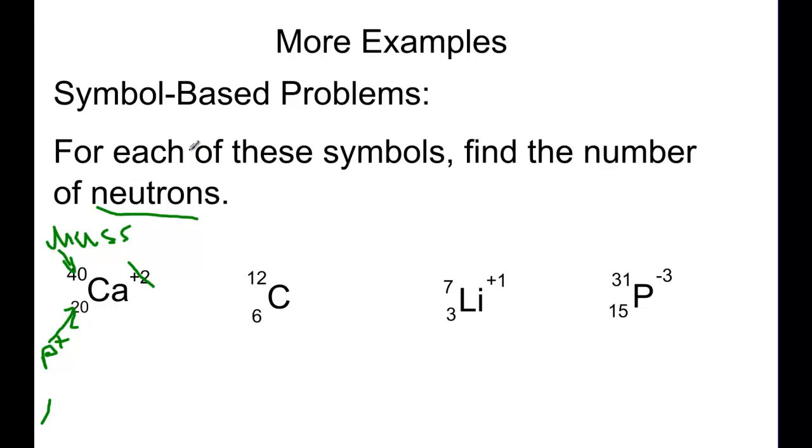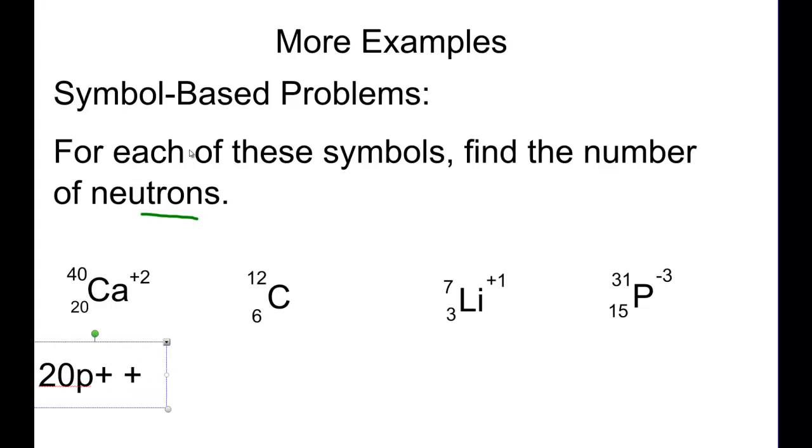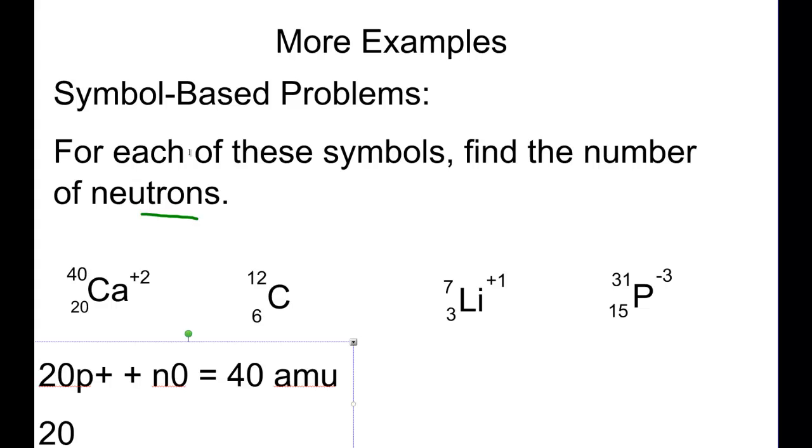So we have 20 protons. Let me type since I can't seem to be writing today. 20 protons, so P+, plus the number of neutrons, N0, is going to equal our mass, which in this case is 40 AMU. So when we solve that, 20 plus 20 equals 40.